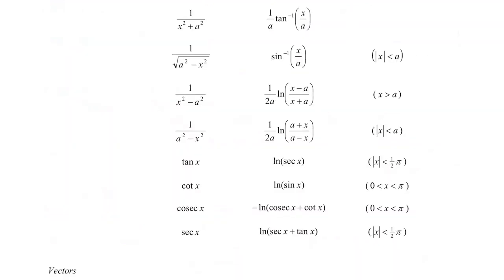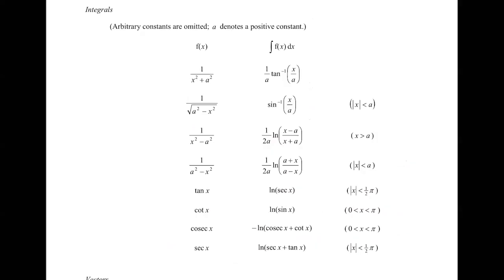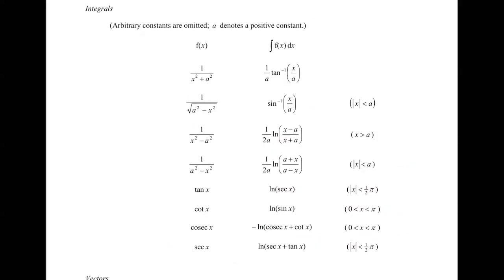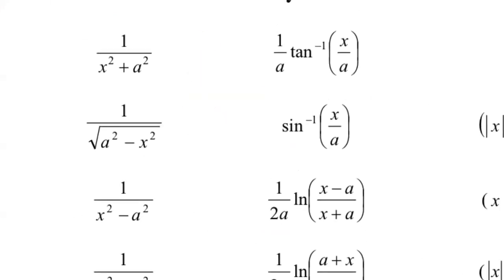Which one involves square root at the denominator? The sine one, this guy here, exactly. So we need to force it to follow this formula, a squared minus x squared.